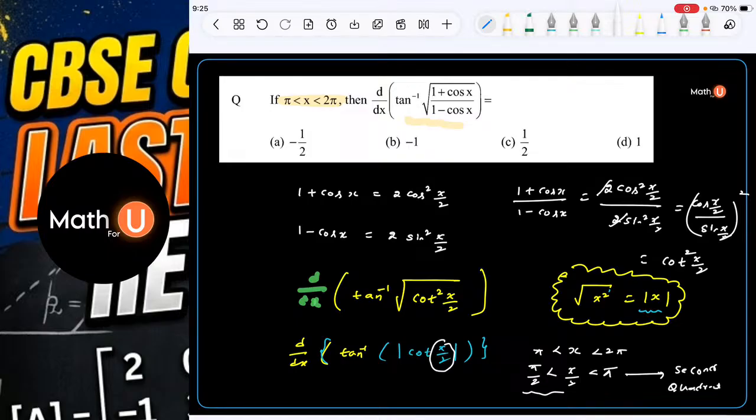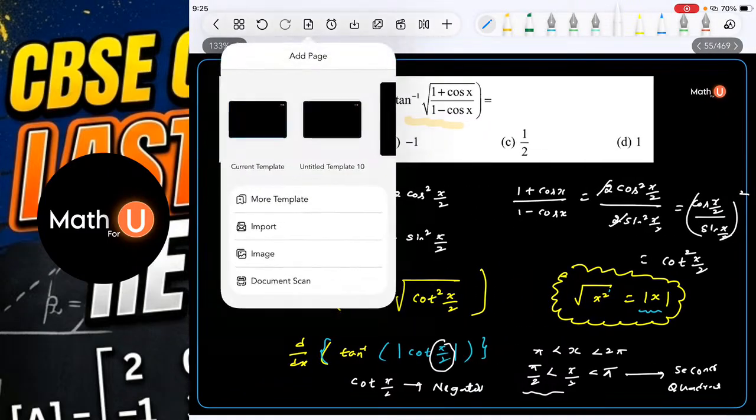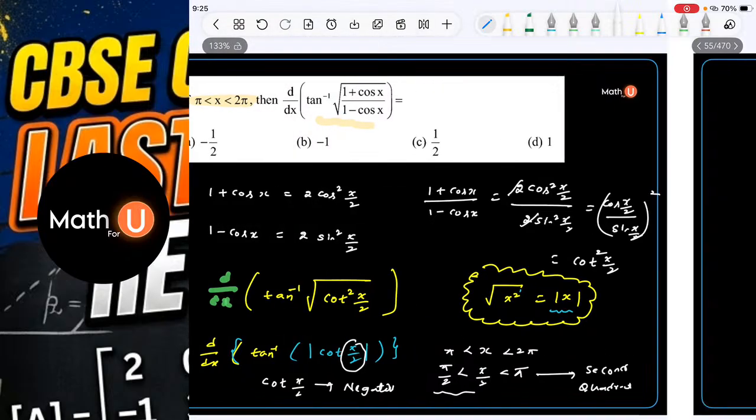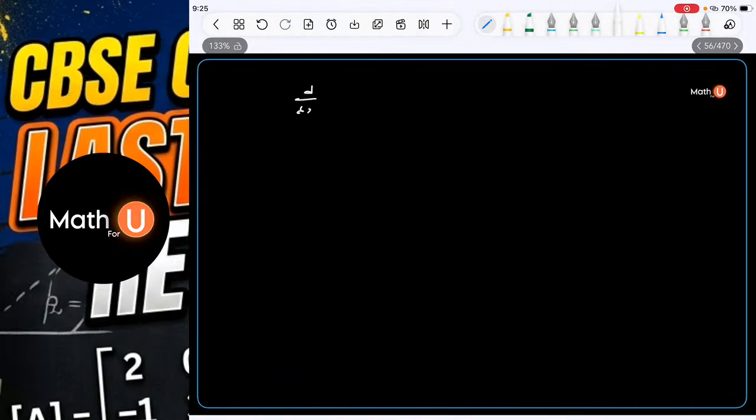Okay, in the second quadrant cot x by 2 is negative. If it is negative, the mod is opened with a negative sign. Differentiation of tan inverse of minus cot x by 2, it can be written like this.